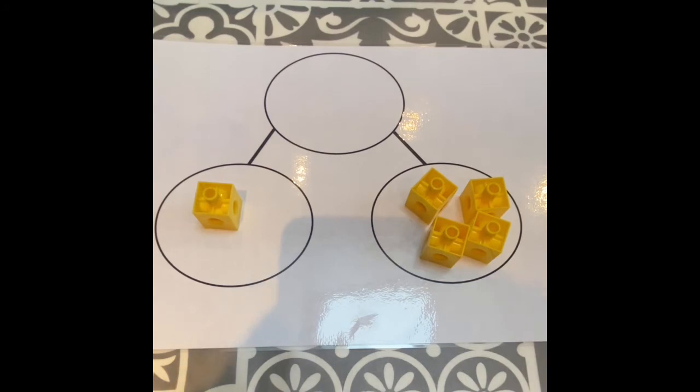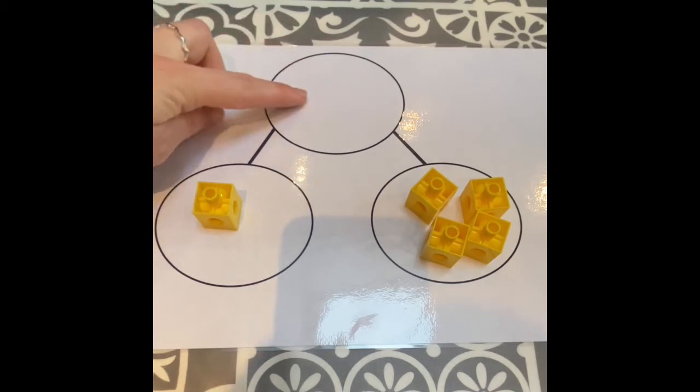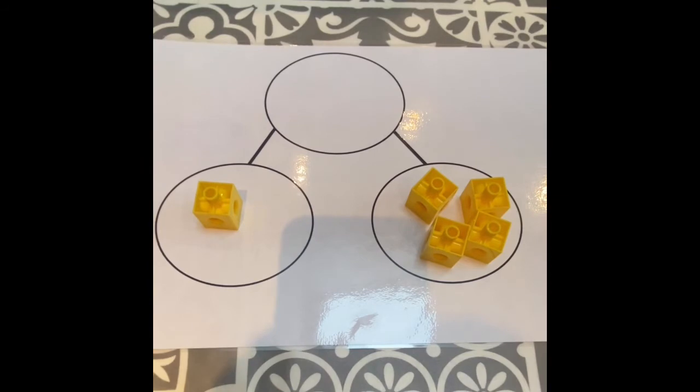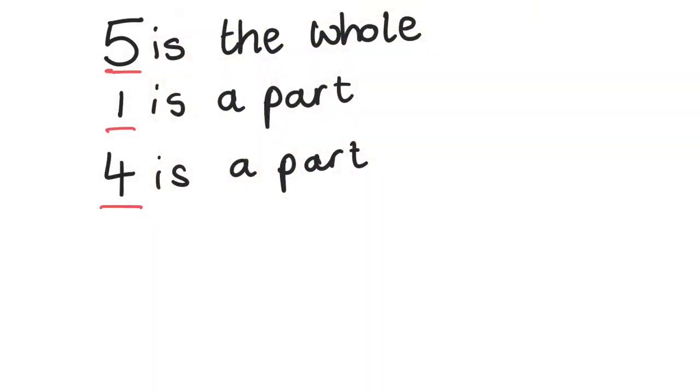Now we can also say this in another way. We can say that 5 subtract 1 is equal to 4. Let me show you. Remember, 5 is the whole because there were 5 frogs all together. 1 is a part because 1 frog was playing in the water.